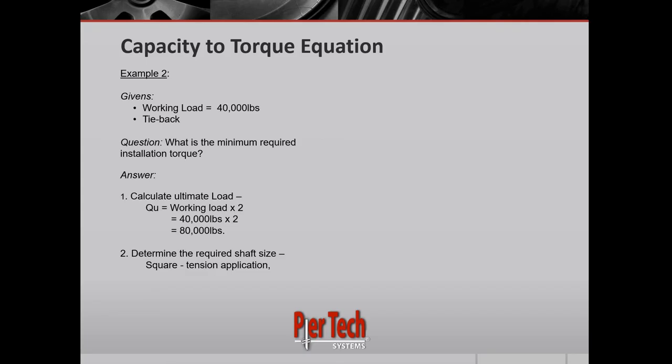Next, we want to choose either 1.5" or 1 3/4". Now, the 1.5" has an ultimate load capacity of 80,000 pounds. The 1 3/4" has an ultimate load capacity of 100,000 pounds. You could choose either one, but I would recommend choosing 1 3/4" for this.